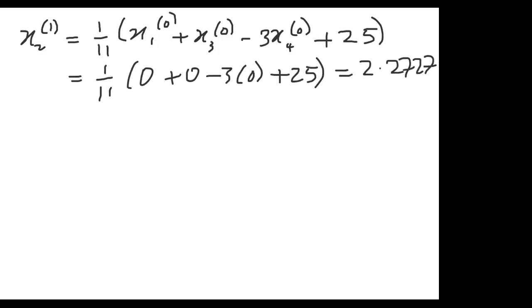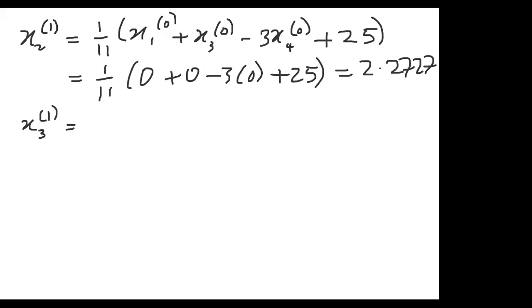Again, you follow the instructions given in the question. If you look at your notes, it says 4 decimal place rounding off. So that's why after the decimal point I need to have 4 figures, because of the instructions given in the question. So I'll do the same to find x3(1).